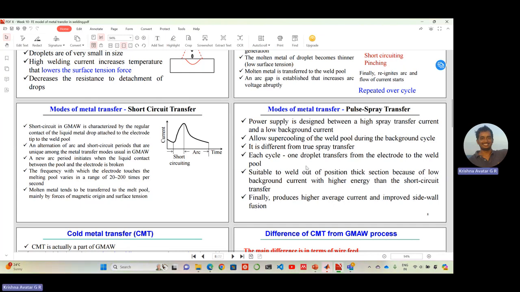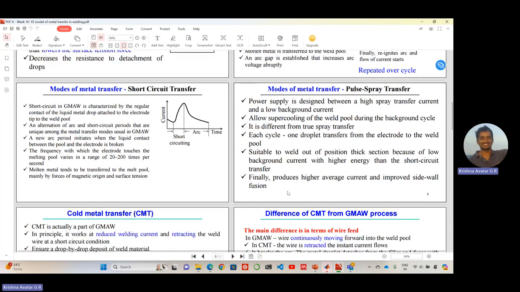In each cycle, one droplet transfers from the electrode to the weld pool, and it's suitable to weld out-of-position thick sections because of the low background current, with higher energy than the short circuit transfer. And finally, it produces higher average current and improved sidewall fusion. So these are the features of the pulse spray transfer.